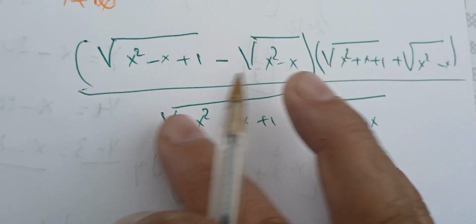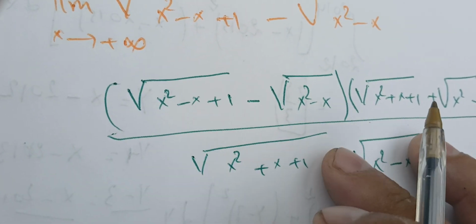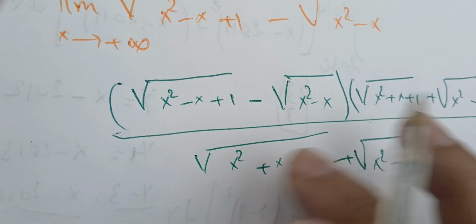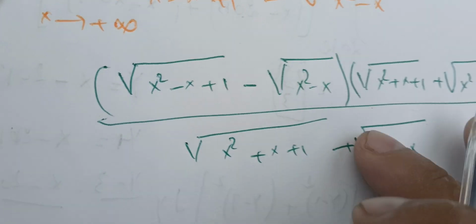We're dividing by this number because it's never 0 in its domain of definition. Try to prove it, it's easy to show.